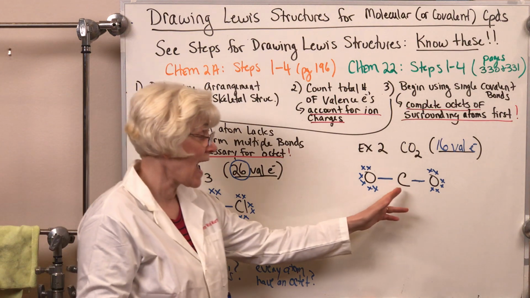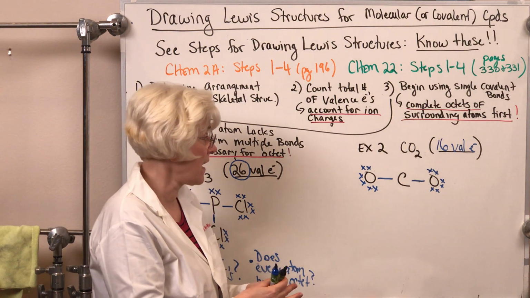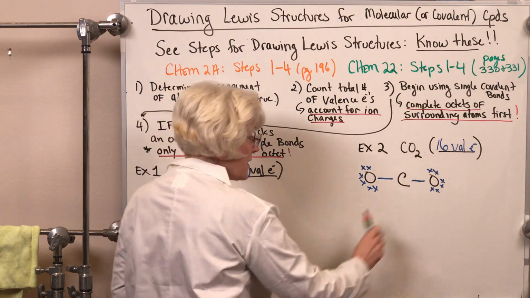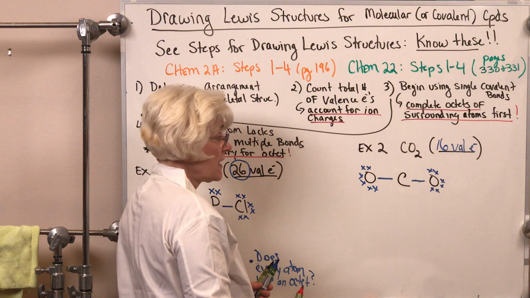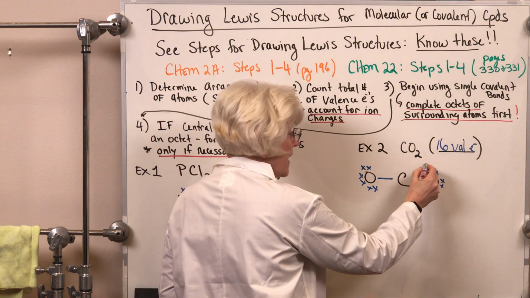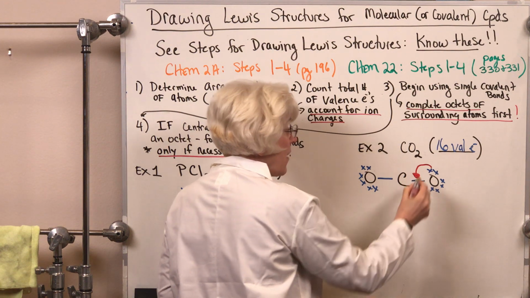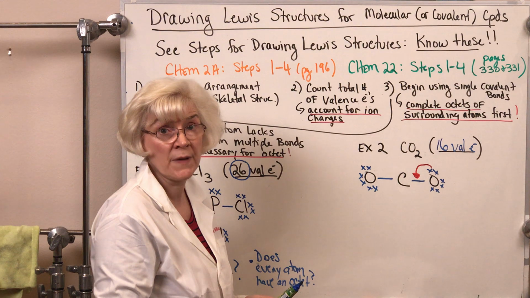And that's what we have in this situation. Now, how do we form multiple bonds? Well, we look at the surrounding atoms, the oxygen atoms, and see that they have unshared electron pairs that could be brought down and become shared electron pairs.